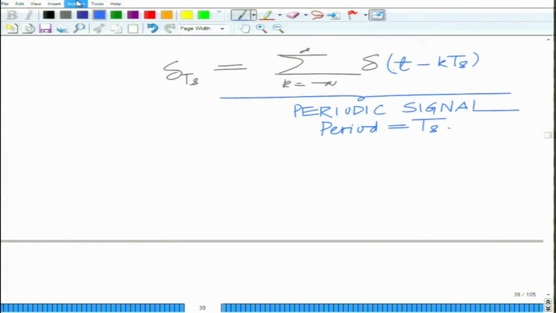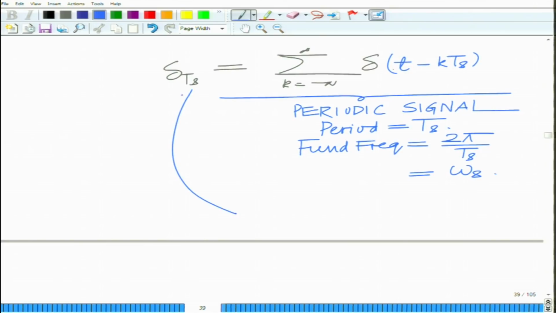So, this is periodic, period is T s, fundamental frequency equals 2 pi over T s, which is equal to omega s. Now, therefore, this has a complex exponential Fourier series because it is a periodic signal.